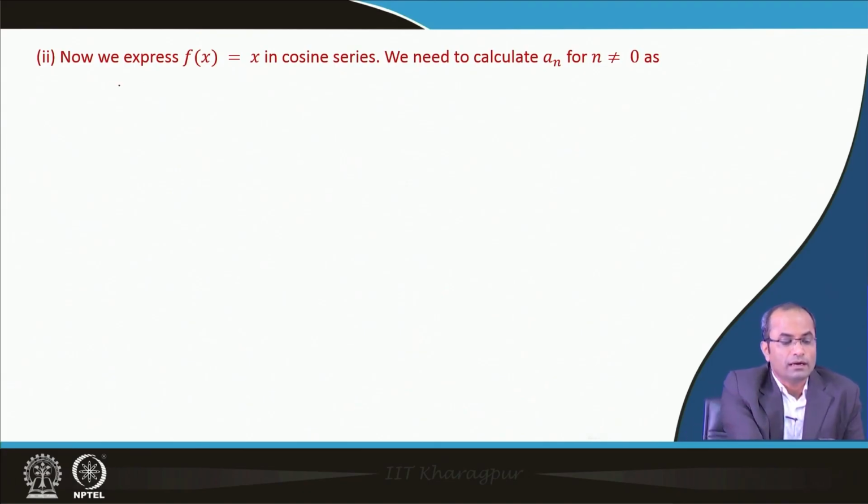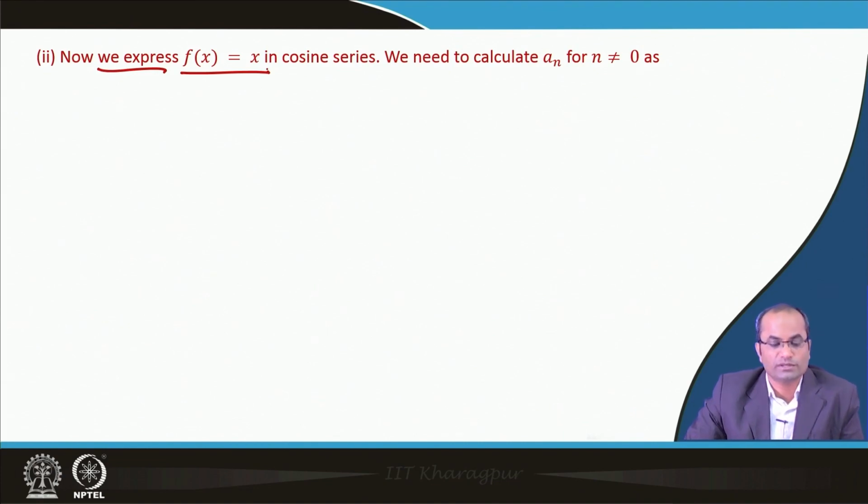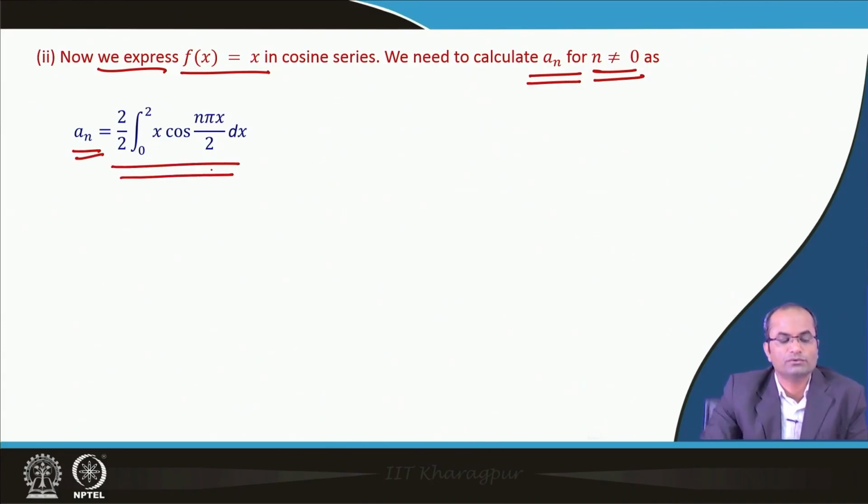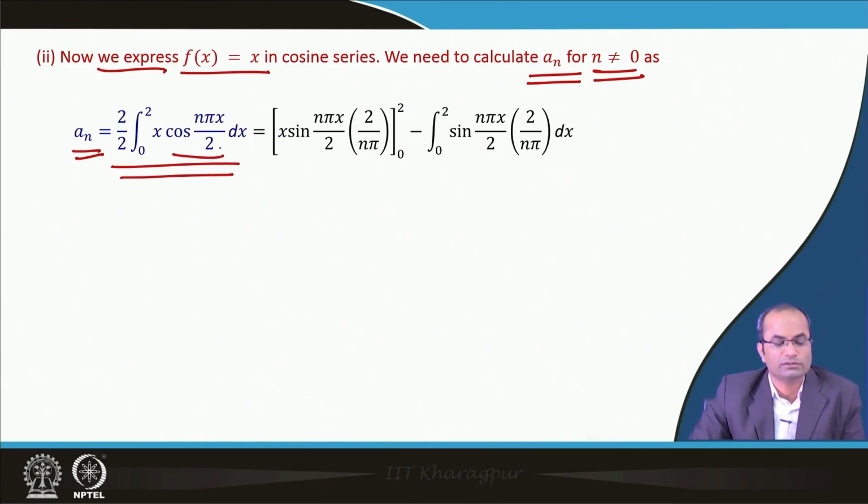Well, we can also express this f(x) = x in the cosine series, and for that we need to calculate now a_n's for n not equal to 0. For a_0 we will do a separate calculation. So, here we have a_n again with the same formula, 2 over L, integral from 0 to L of x cos(n pi x / L), and we can integrate this by parts again.